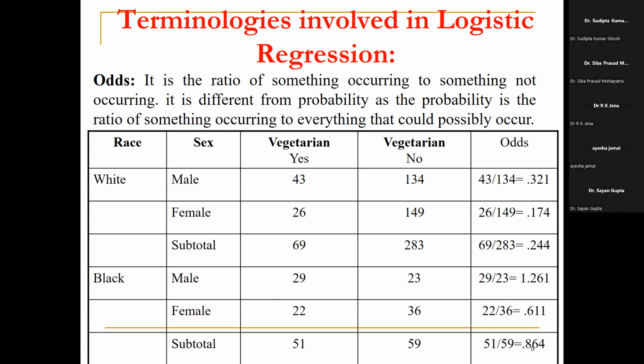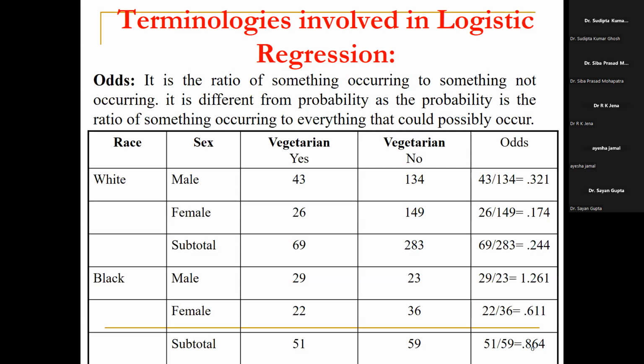Suppose you see in the table, 43 males are vegetarian and 143 are not vegetarian. Then the odds ratio, that means vegetarian to non-vegetarian, is 43 divided by 143, that is 0.32. Here you see that the value is less than 1.